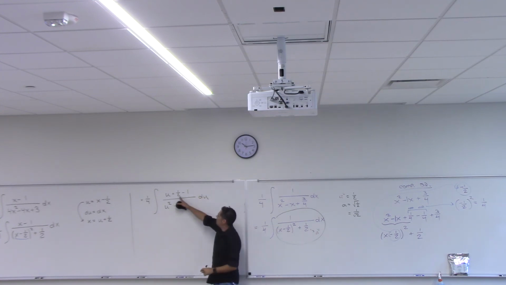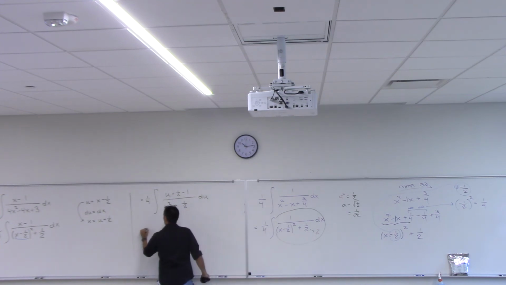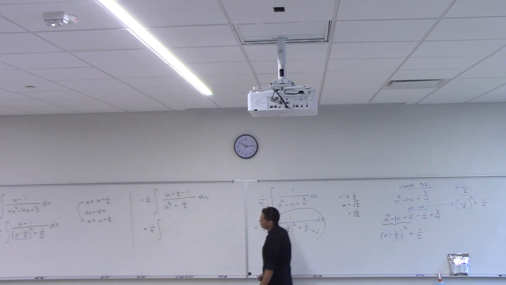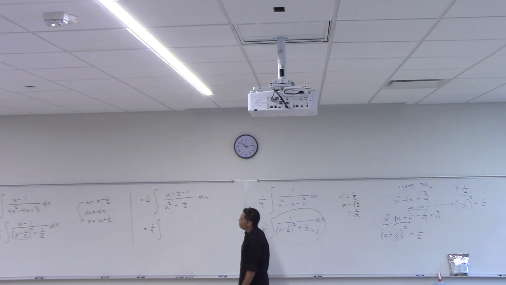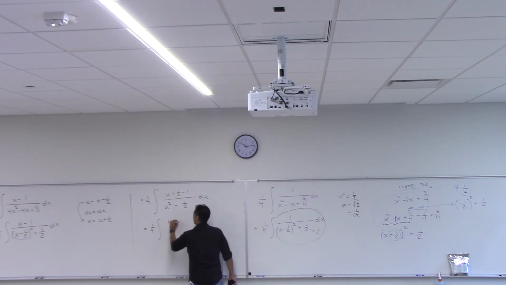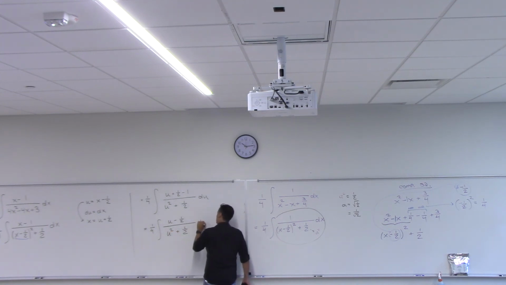And these two can come together. That's really just u minus a half up there. Could we have just put a 2u up there? I don't know, maybe. I mean, because if we were trying to define x minus 1, I don't know. I regret my question. Pull it back? Okay, all right. So u minus a half over u squared plus a half du.